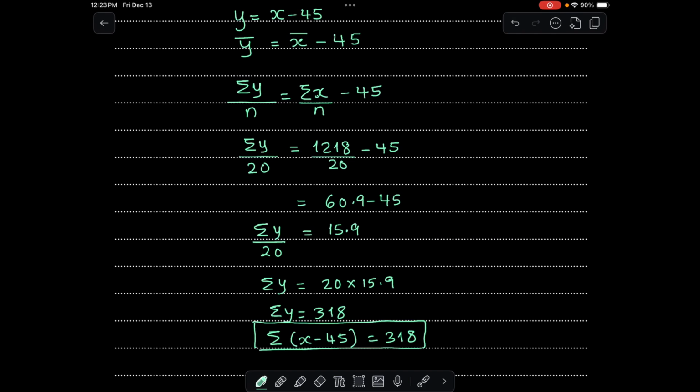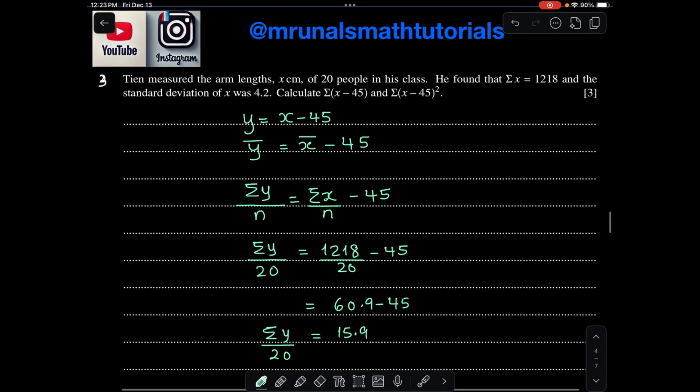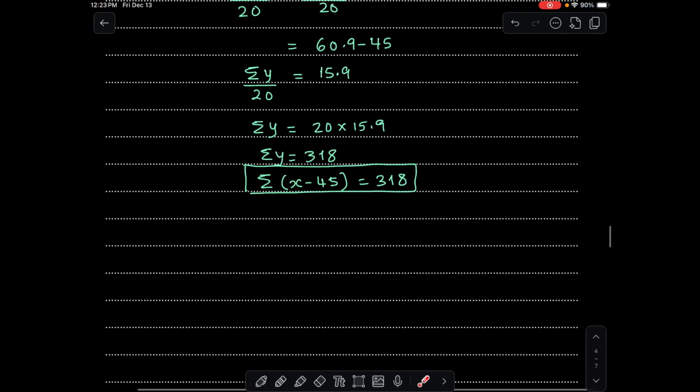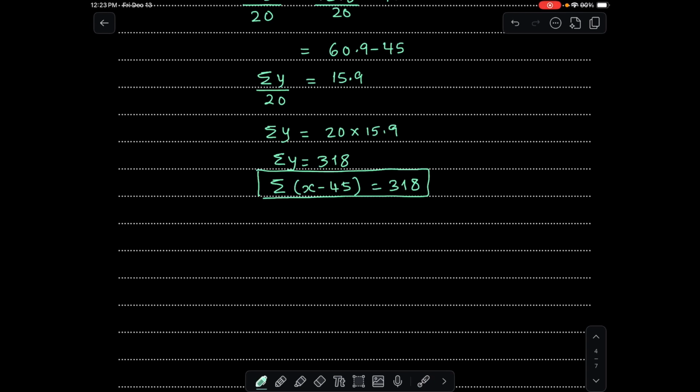Now to calculate the second part, which is sum of x minus 45 bracket square, we have been given the standard deviation of x. Remember again, standard deviation of x is equal to standard deviation of y. So let us write down that standard deviation of x is equal to standard deviation of y, which is equal to 4.2.